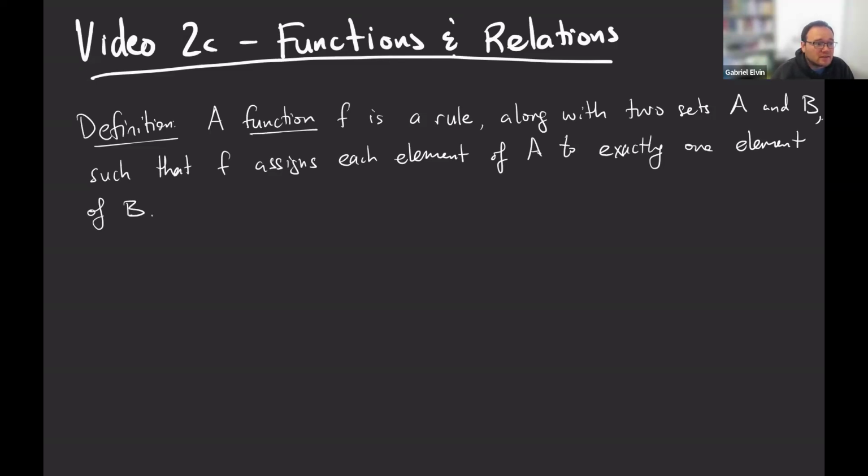The starting set is called the domain, and the ending set is called the codomain.